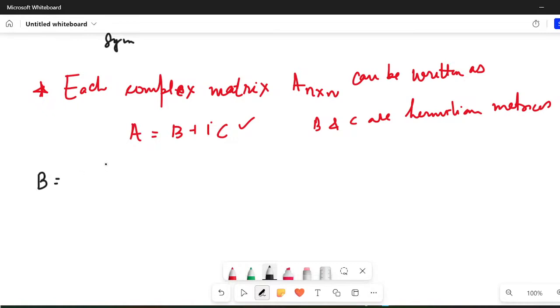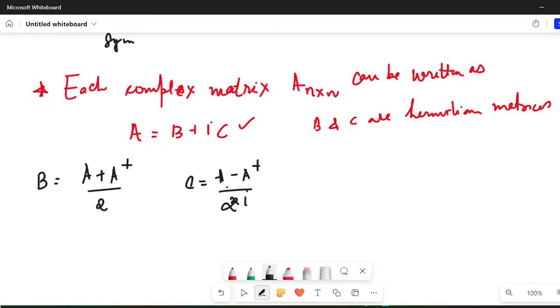Let us write B to be equal to (A plus A dagger) divided by 2. And let us write C to be equal to (A minus A dagger) divided by 2i. So remember, I'm writing it in the similar manner in which, if you remember, every real matrix can be written in terms of a symmetric matrix and a skew symmetric matrix.